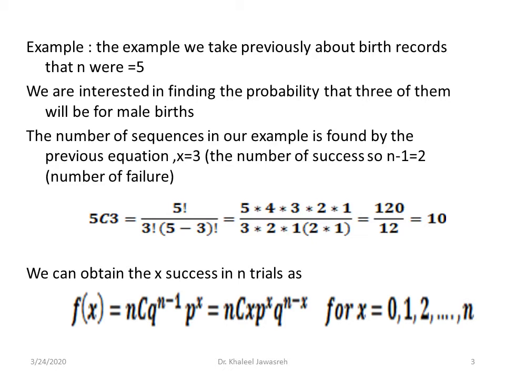Finally, by restructuring this equation, the final formula is n combination x multiplied by p to the power of x times q to the power of n minus x, for x equal to 0, 1, 2 up to n, used in any example.